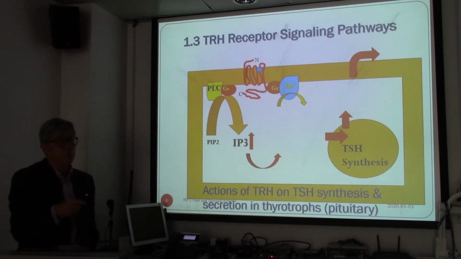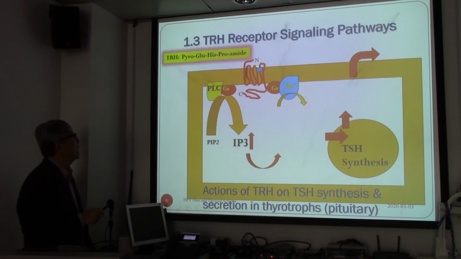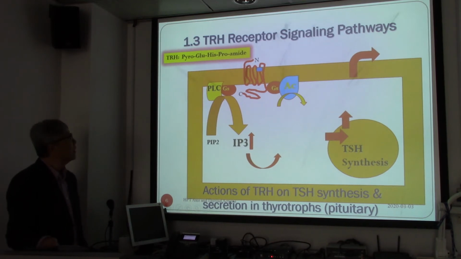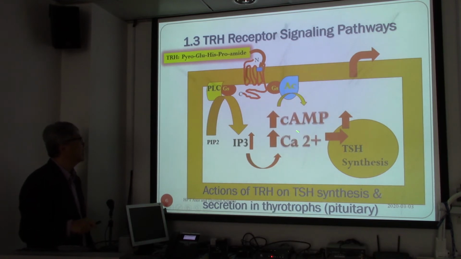So what does the TRH do? TRH, of course, goes to the pituitary gland. On the pituitary gland, there's a receptor there. Again, it's a G-protein coupled receptor, so that will stimulate adenylyl cyclase, and then will also stimulate calcium signaling.